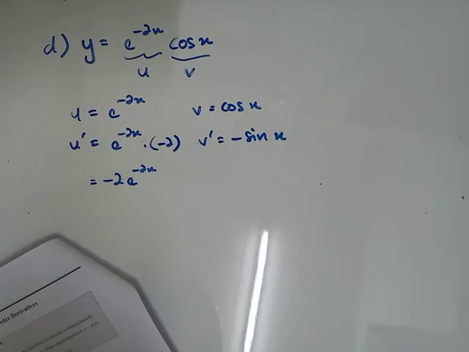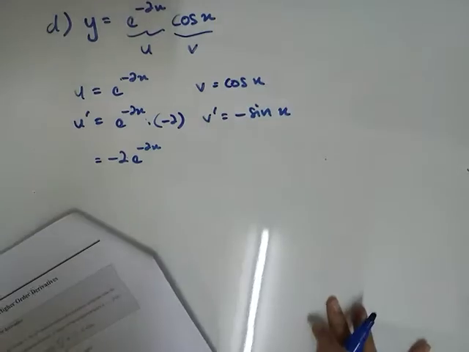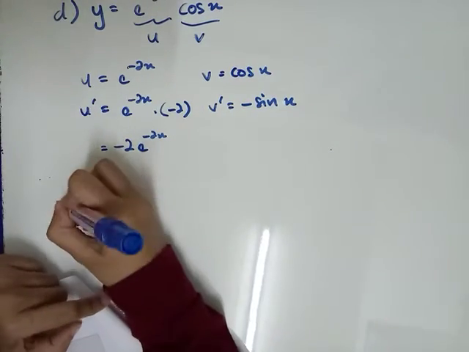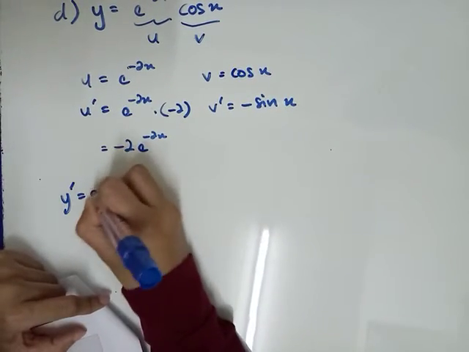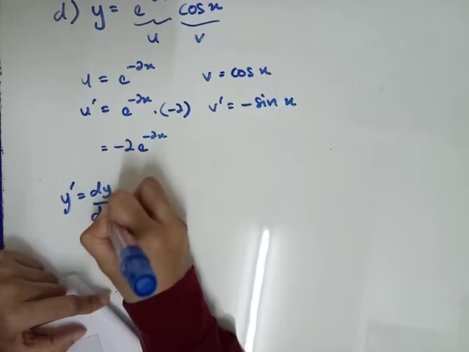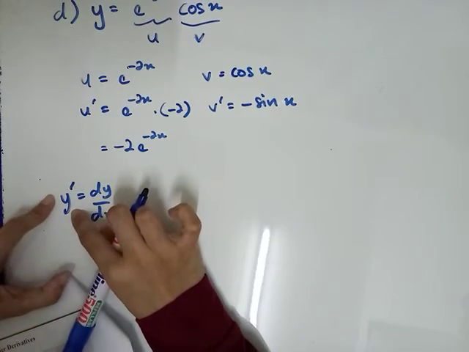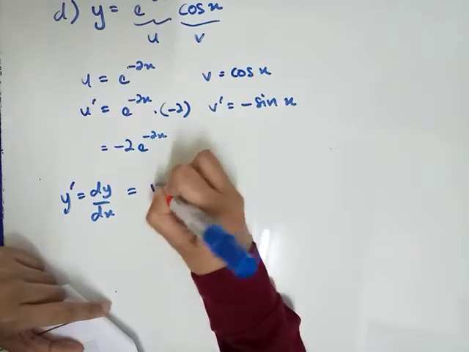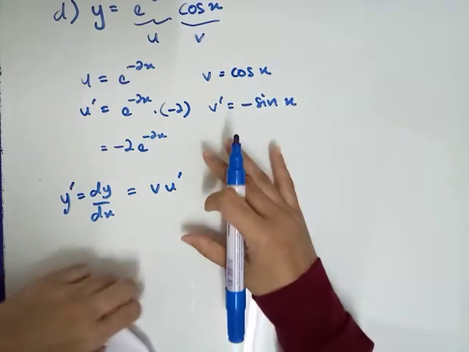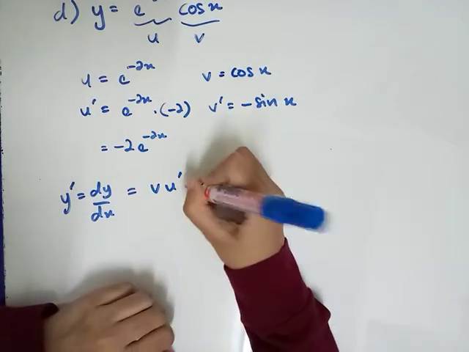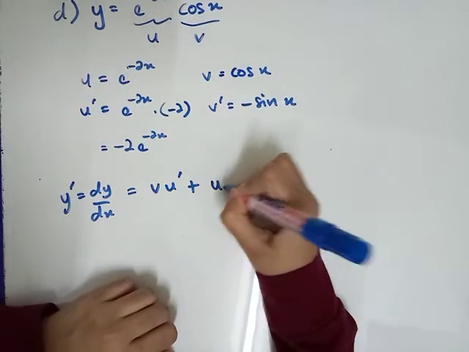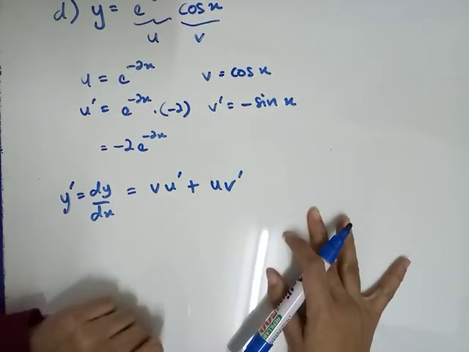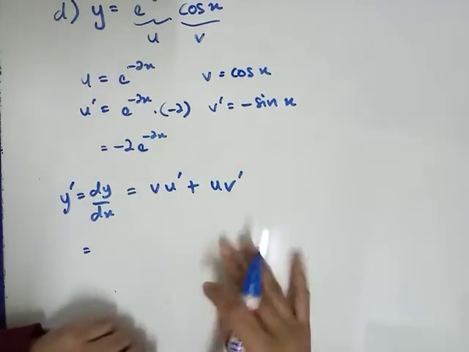Okay, remember? And then use the formula y prime, which is equal to dy over dx. Y prime means first order derivatives, first differentiation. So v u prime, because of the product rule concept, it is plus u v prime. And then substitute into the formula.